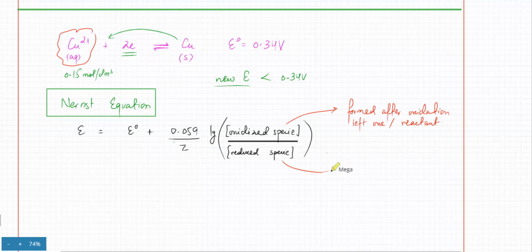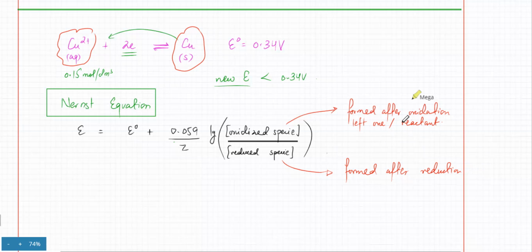And the reduced species is the one that's formed after reduction, and it's always the right one. In this equation, it's going to be copper, because it's formed after reduction. Copper 2 plus would gain 2 electrons to form copper.